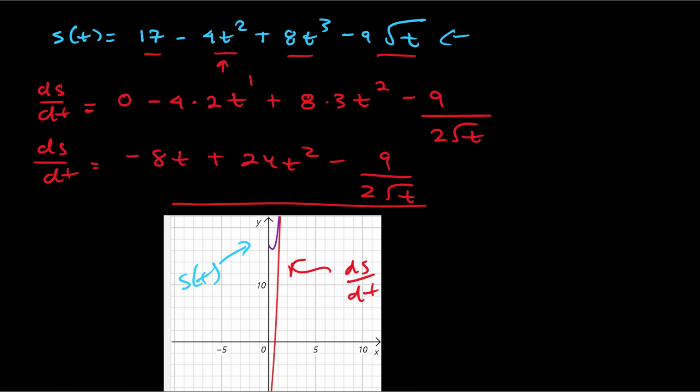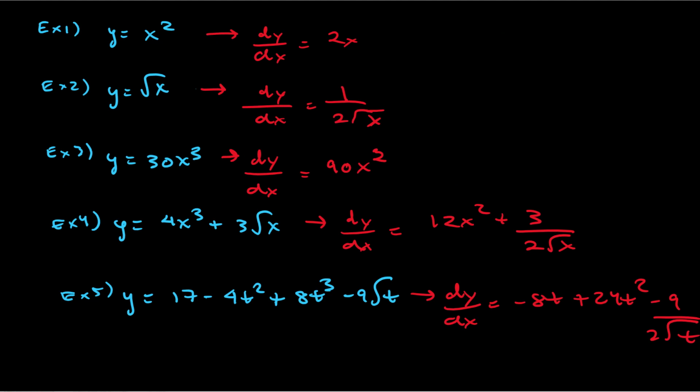Now we notice when t is 0, then s of 0 is 17, so y is 17. And on the red curve here, t can never be 0, or else this term here would blow up and tend to minus infinity. And you can see that that's exactly what happens. It tends to minus infinity as it tends to 0.